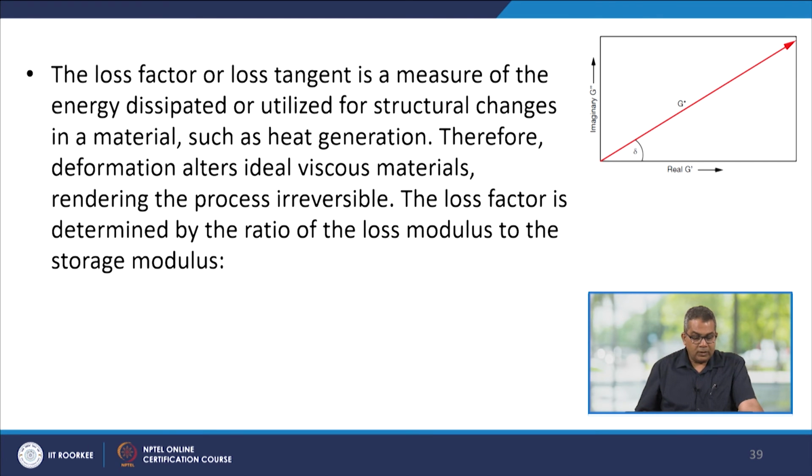Now, the loss factor or the loss tangent is a measure of the energy dissipated or utilized for structural changes in a material, such as heat generation, and therefore the deformation alters an ideal viscous material, rendering the process irreversible. The loss factor is determined by the ratio of the loss modulus to the storage modulus and referred to as tan delta is equal to G double prime over G prime.